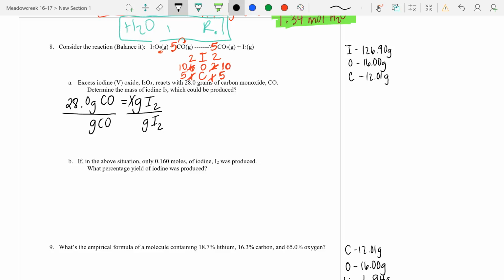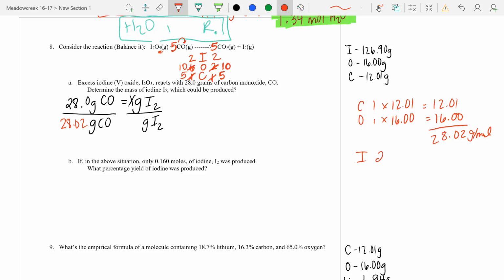And grams tells me that I need to calculate the molar mass. So the molar mass of CO, I have 1 of each. Carbon is 12.01. Oxygen is 16.00. So when I have 12.01 plus 16.00, I'm going to have 28.02 grams per mole to write down. And the molar mass of iodine, I just have iodine, but I have 2 of them.